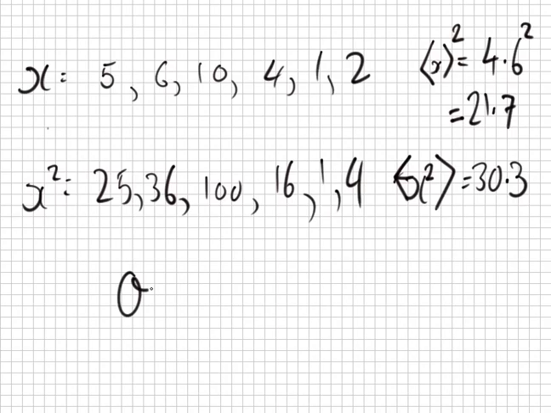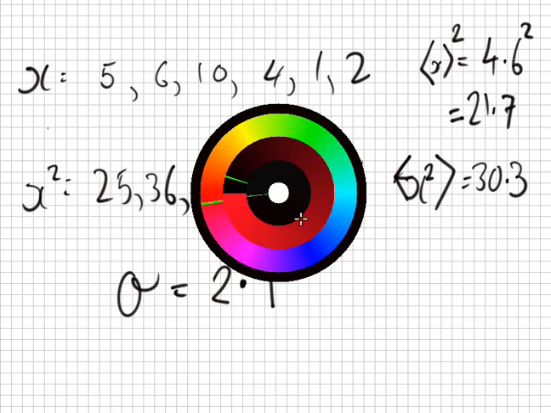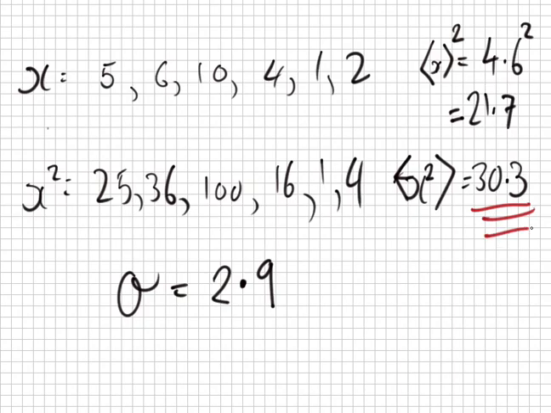Then the standard deviation will be that minus 21.7 and then square root the answer. And I got 2.9. So I did this number minus this number and then took a square root.